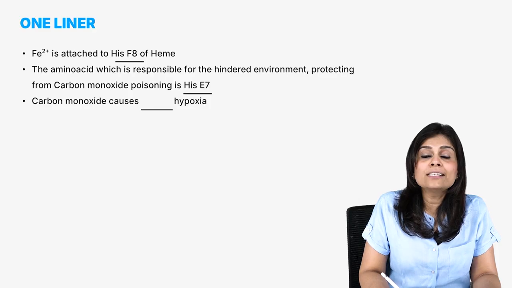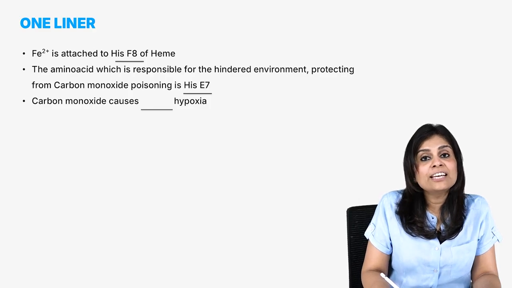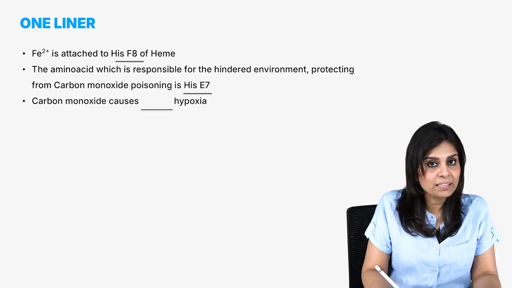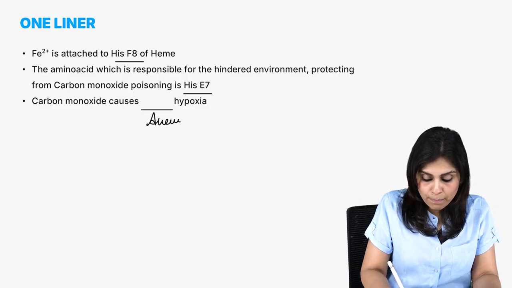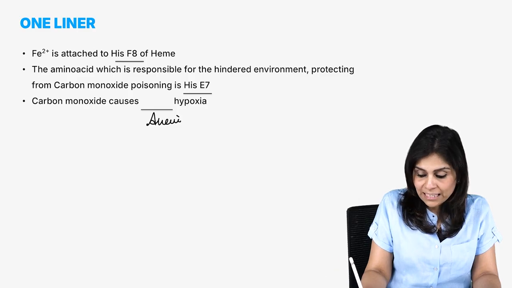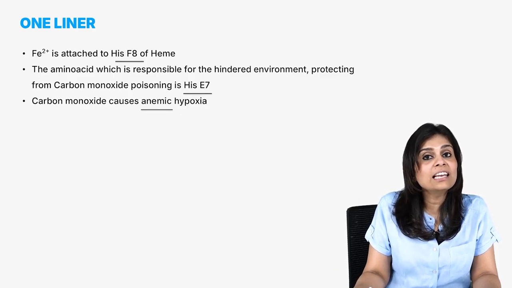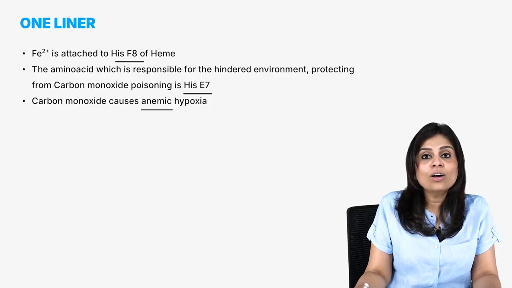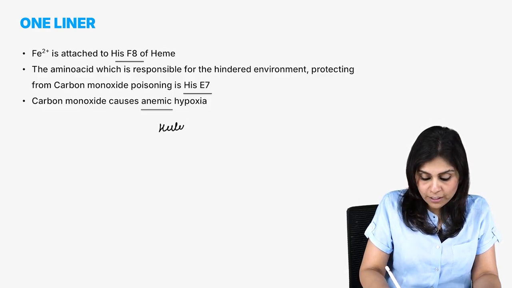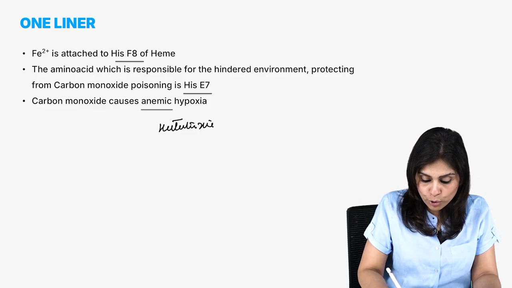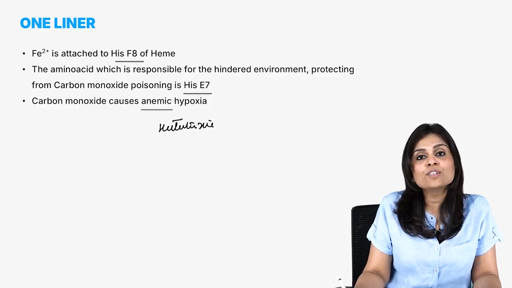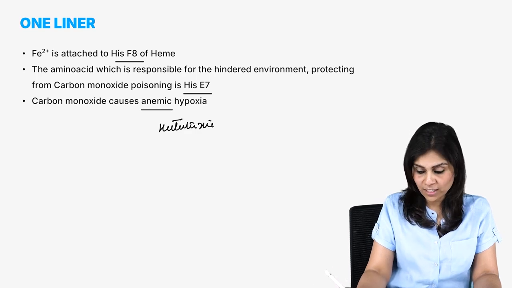Carbon monoxide displaces oxygen away, reduces oxygen carrying capacity, so it causes anemic hypoxia. This I've already told you in the session on electron transport chain. All electron transport chain inhibitors cause histotoxic hypoxia. Carbon monoxide poisoning causes anemic hypoxia.